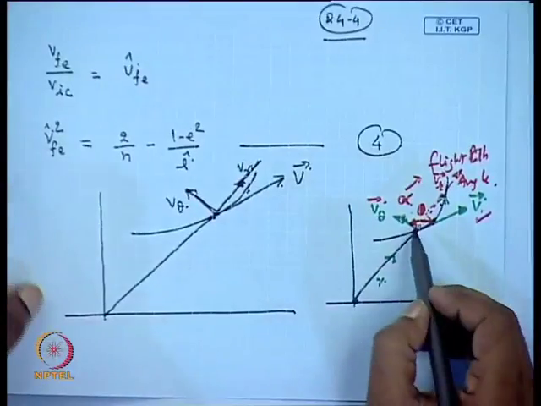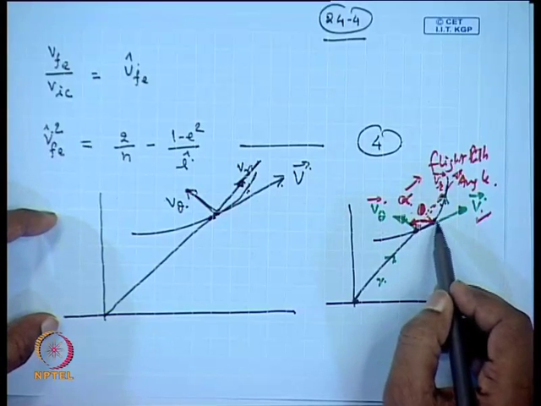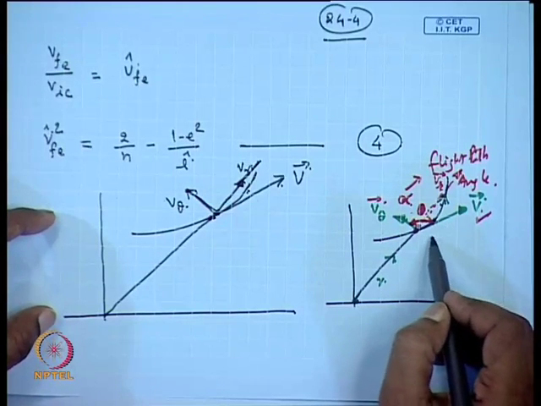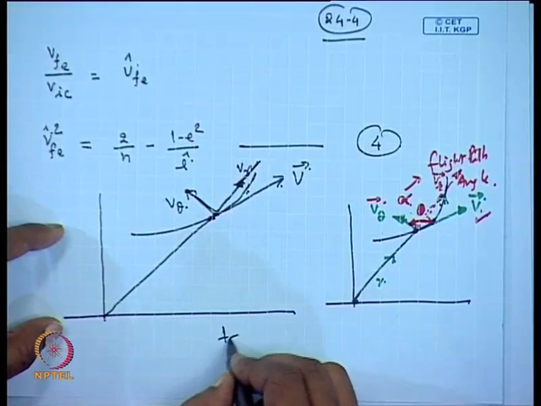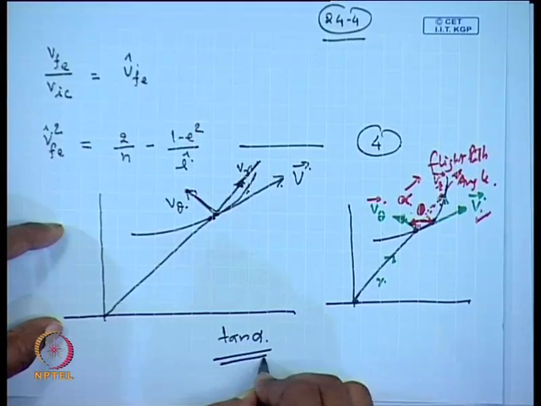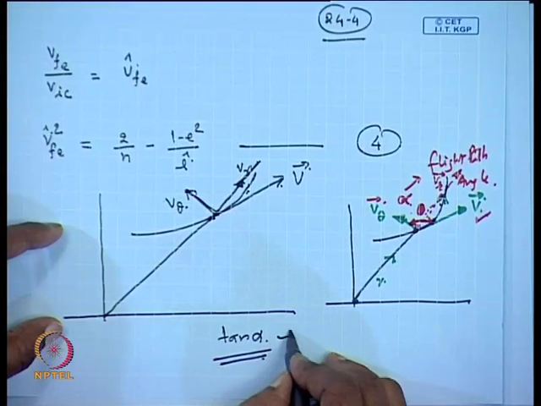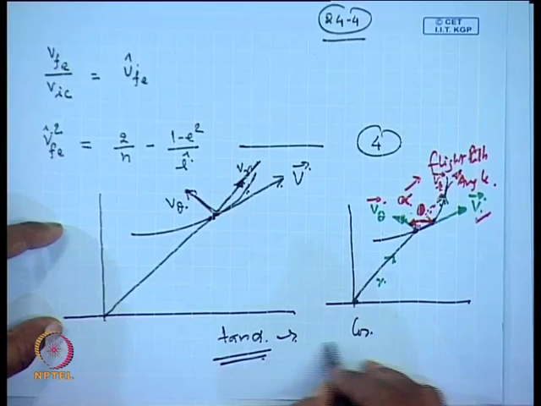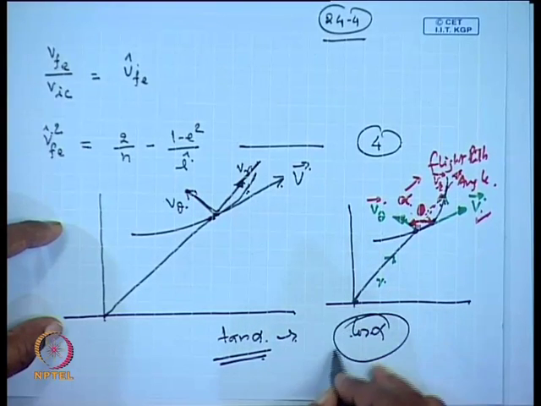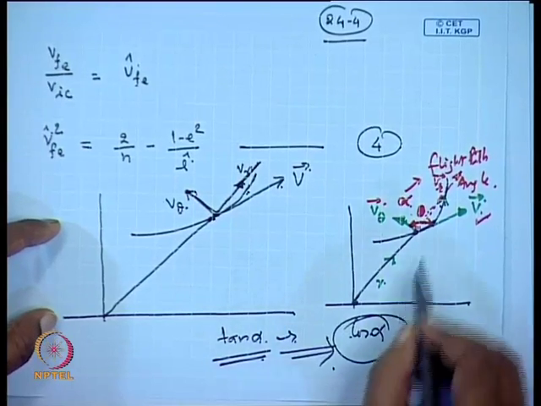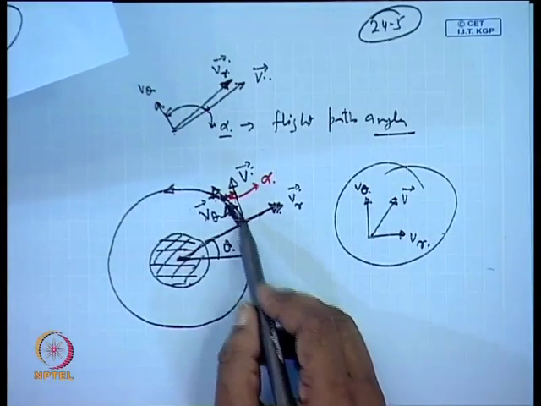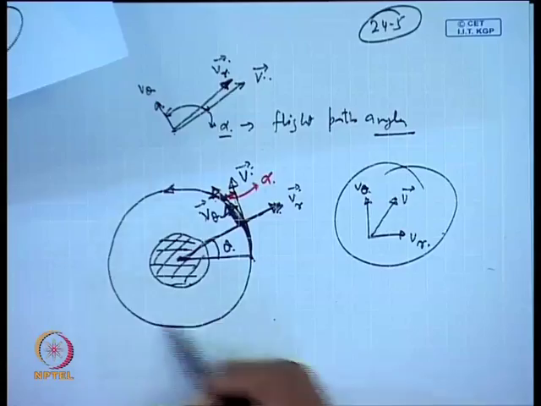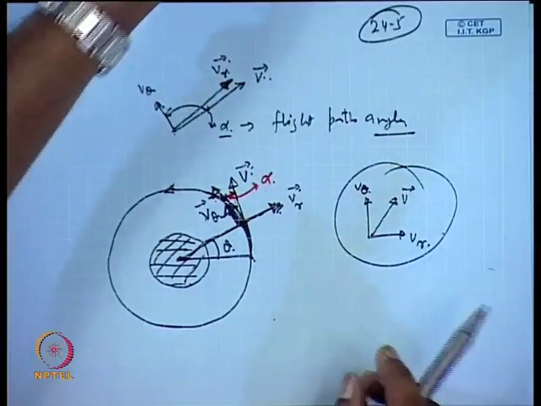Whatever we have shown here is a generalized representation. With this representation, we want to work out the value of tan alpha, and from there we will be able to find out the value of cos alpha. This representation is for our gravitational case.